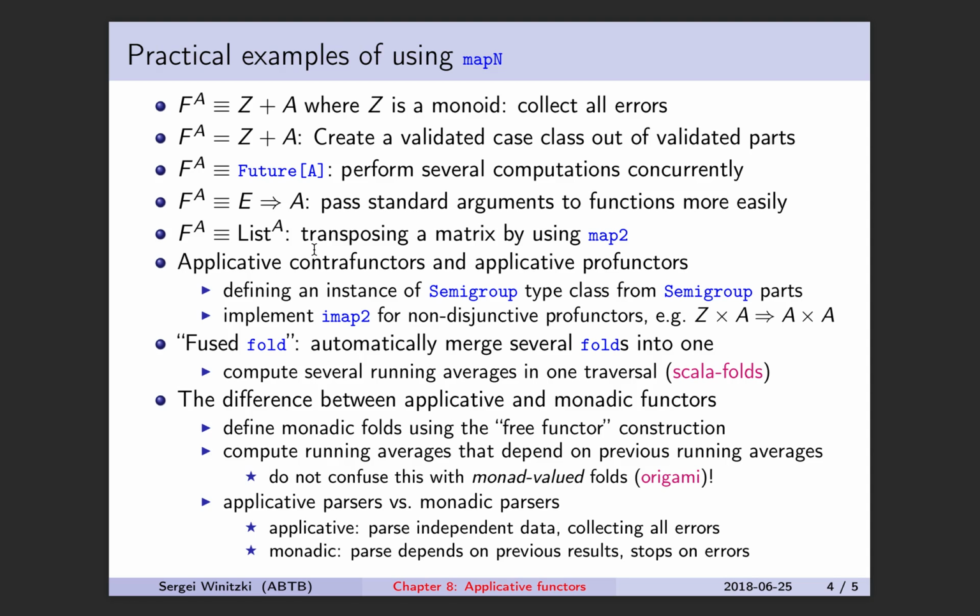Now, the reason I'm talking about this is that actually they are sometimes quite useful. You can have an applicative instance or a function such as map2 or zip for a type constructor that is not a functor.